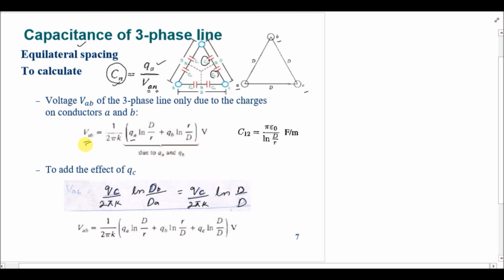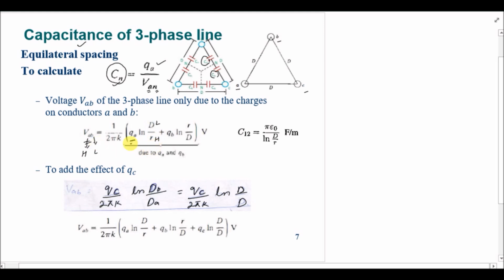Just to revise, this is how we write the formula for the voltage between conductors A and B. The first abbreviation, small a, is the high potential conductor, and the second one is the low potential conductor. In the logarithmic term we have the low potential point distance from the other conductor and the high potential point distance.